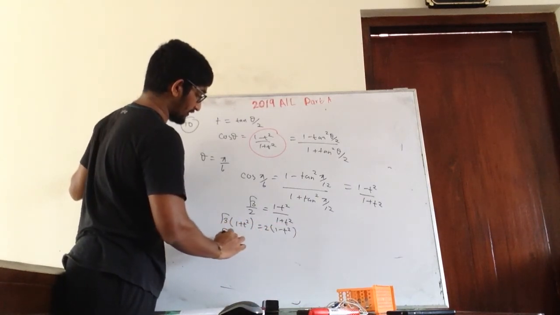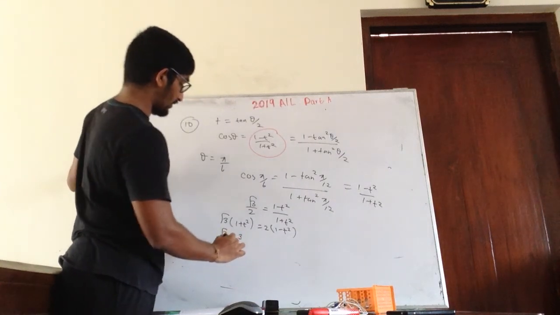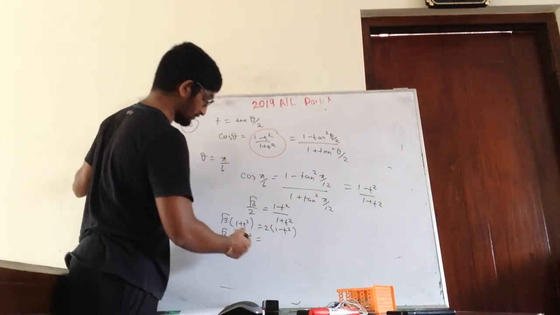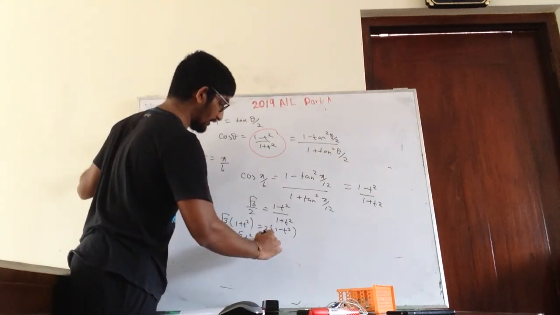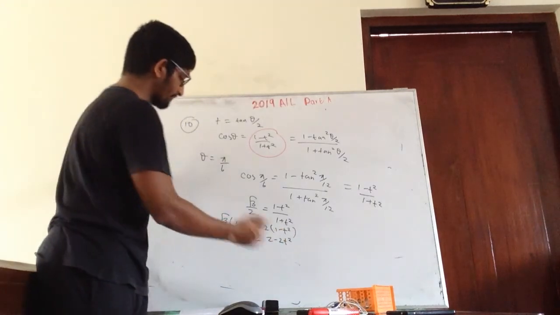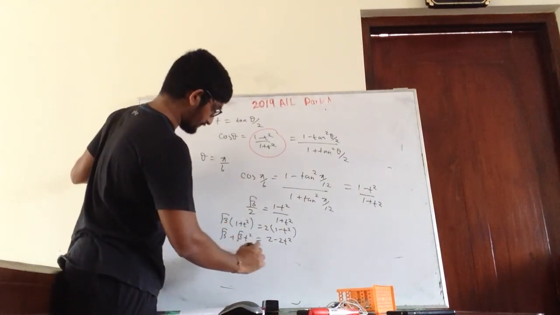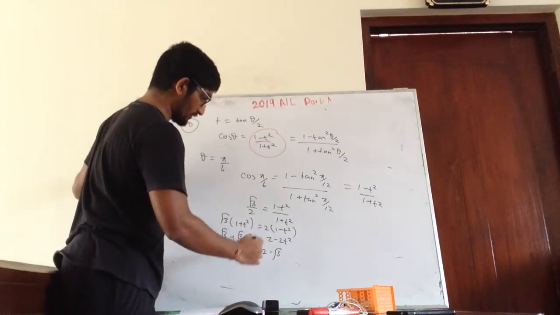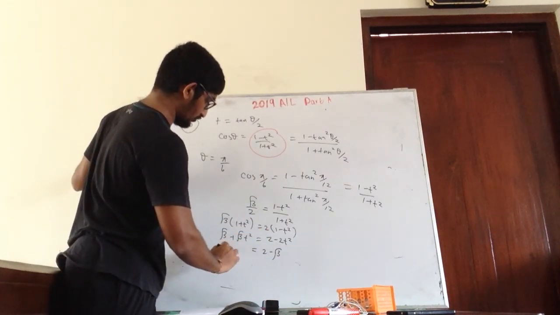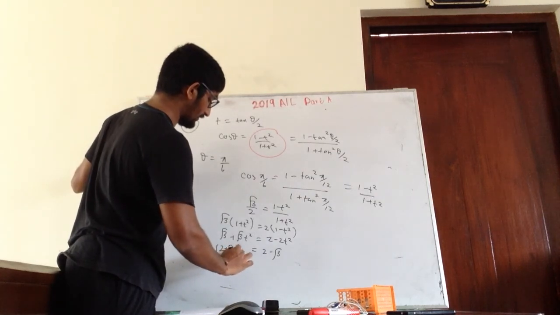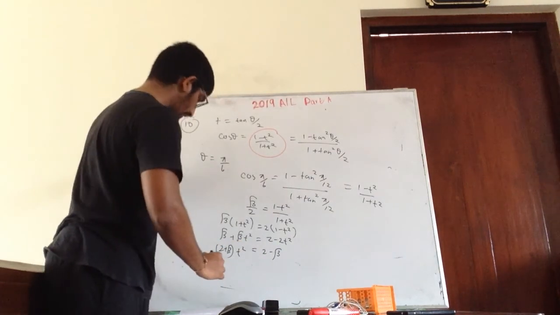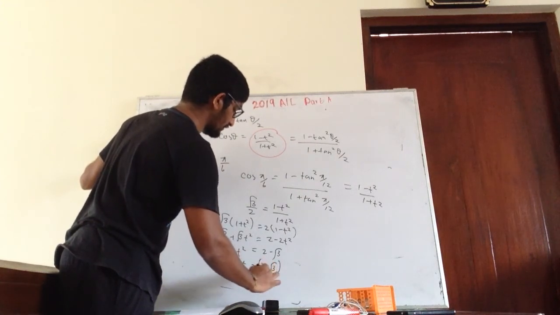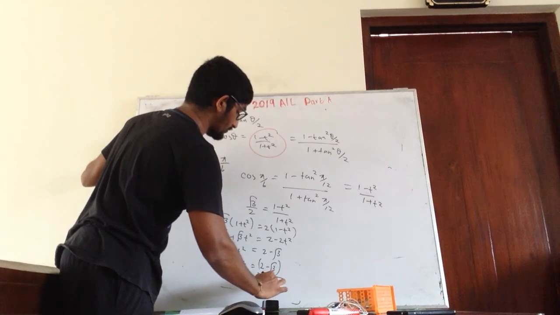I'll get minus square root 3 minus square root 3 t square equals 2 minus 2 t square. Then I can get 2 minus square root 3 is equal to 2 minus square root 3 t square... Right? Then I can get t squared as 2 minus square root 3 over 2 plus square root 3.